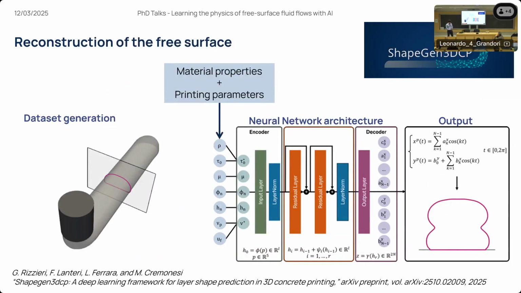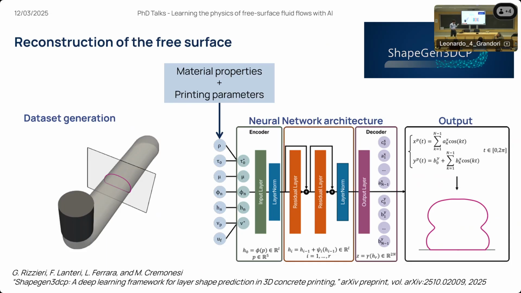Let's see now the second type of surrogate model. This is the architecture of ShipGen 3DCP, a tool that we developed to predict, from the material properties of a 3D printing scenario, the cross section and so the free surface shape of the printed layer.